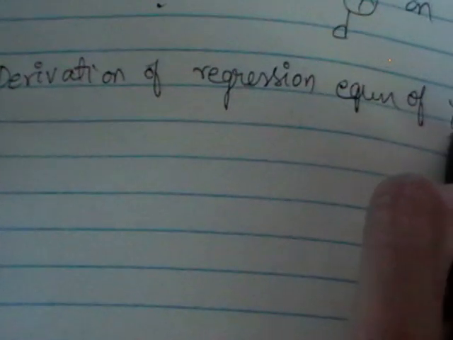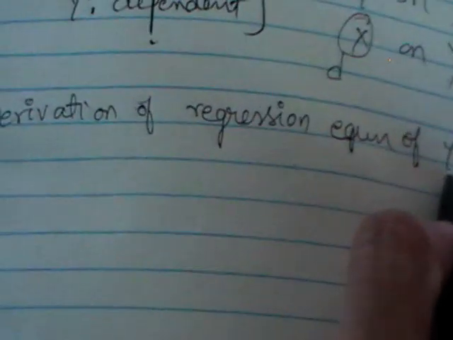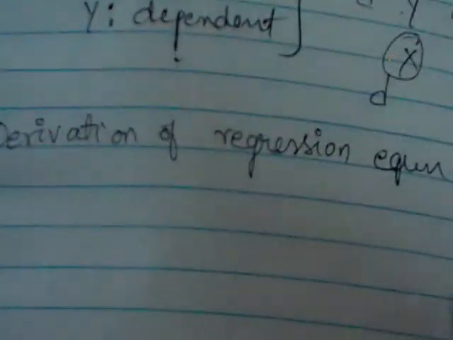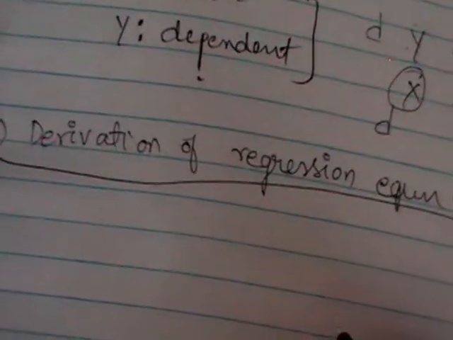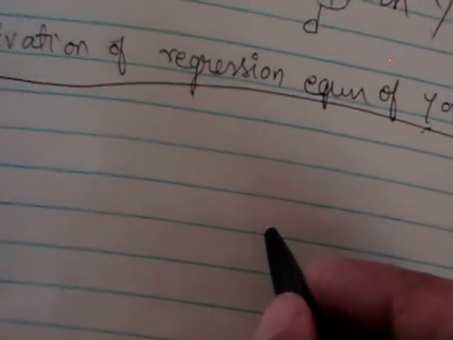If you can understand the derivation of y on x, the derivation of x on y will be easy. So let us see what are the major steps involved. All these we are going to consider are linear regression, which indicates that whenever we plot the given data on a bivariate axis, if it forms a straight line, we call the regression linear regression.